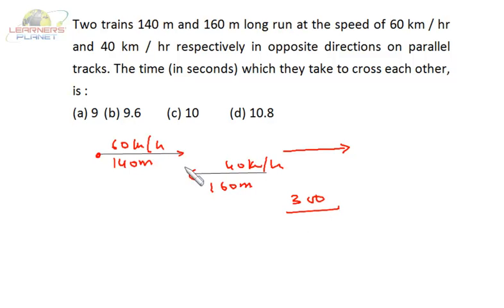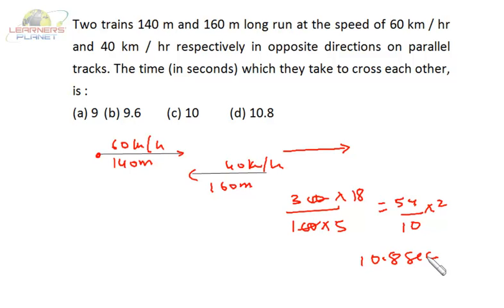And since both the trains are coming from opposite directions, their relative speed will be the addition of their speeds, that is 60 plus 40, 100 kilometer per hour. So it's 100 into 5 by 18 meters per second. Okay, so it's 54 by 5, or we can say 10.8 seconds. Okay, I hope you are clear.